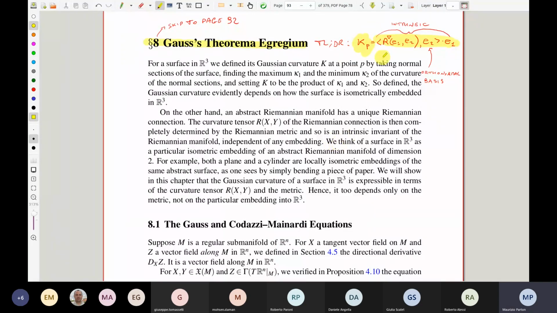And I'm saying that if you accept this formula, I'm not asking you to prove it. Trust me that this formula is true, and tell me why, when you know that it is true, this shows that the Gaussian curvature is intrinsic and doesn't depend on the embedding.